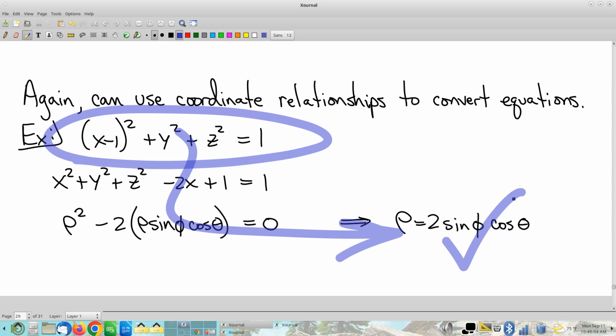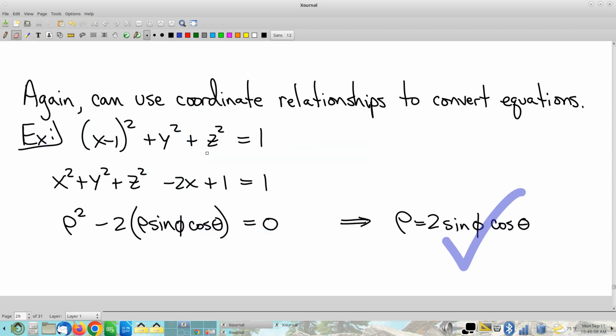Now, a little tip and trick, just as a reminder, is that you don't have to immediately plug in. For example, this x right here, you see I plugged in the formula for what x is in spherical coordinates. You don't have to do that immediately.